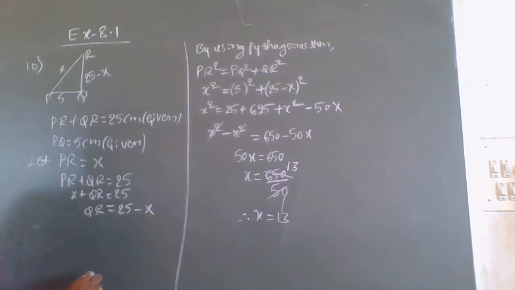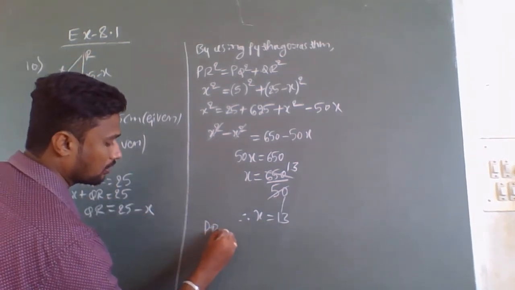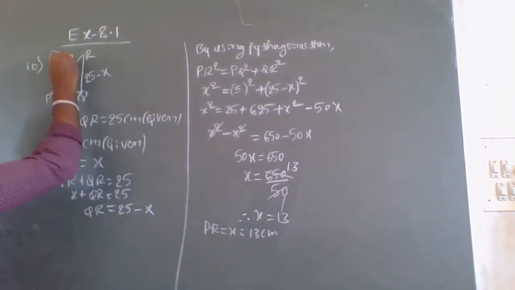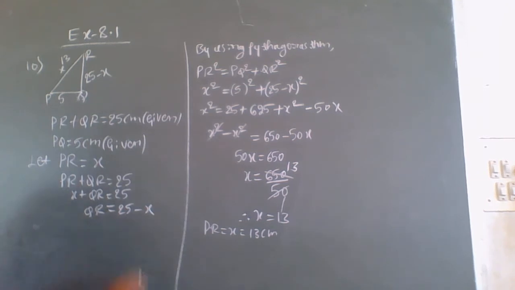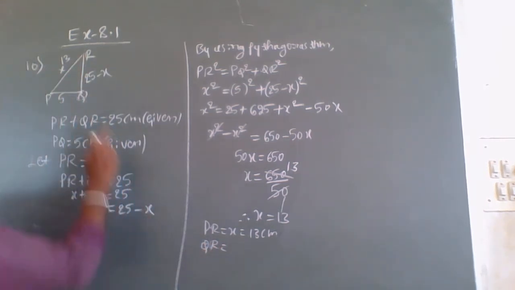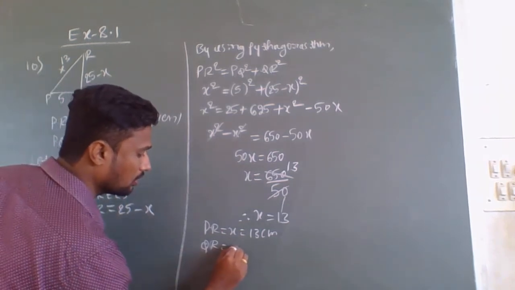So now we can write PR value as PR equals x, which equals 13 centimeter. So this value is 13, and now QR equals 25 minus x.